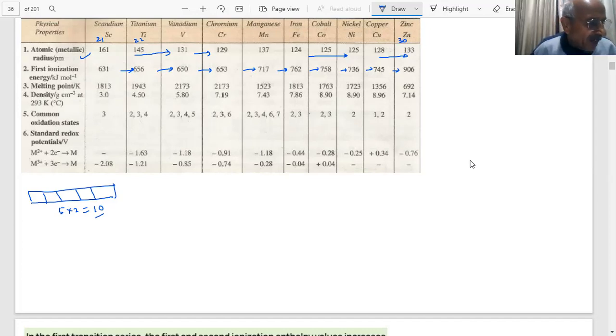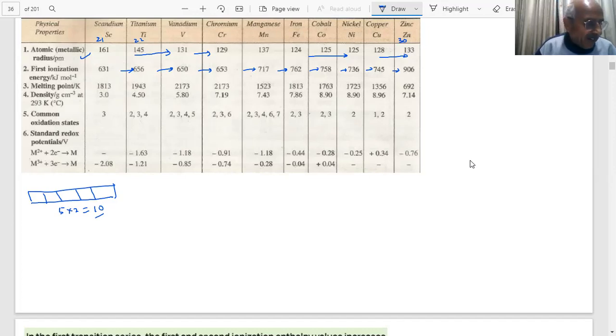So there is an increase in ionization enthalpy from left to right, however there are small variations. These values show that successive ionization enthalpies of these elements do not increase as steeply as in the main group elements. The magnitude of the increase in second and third ionization enthalpies is much higher in these cases.